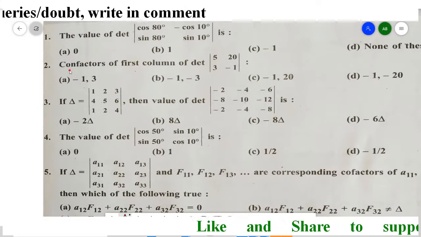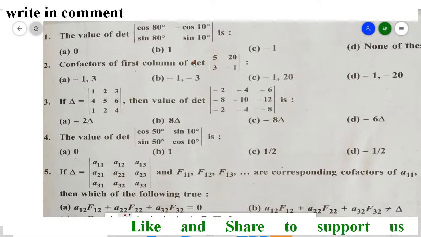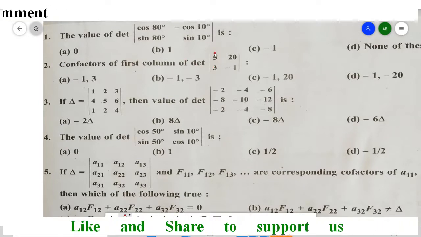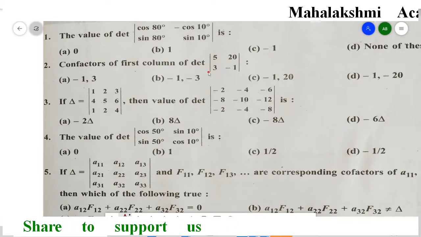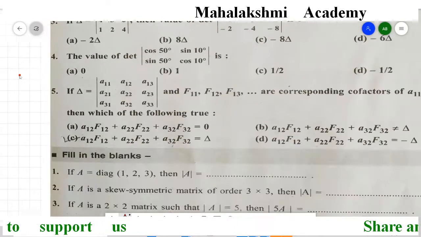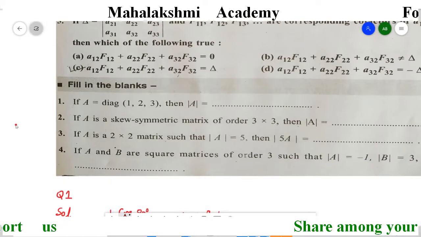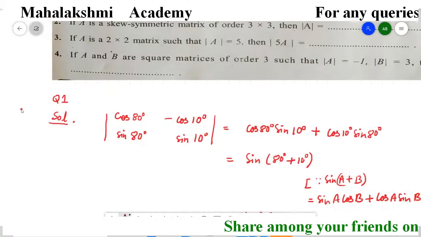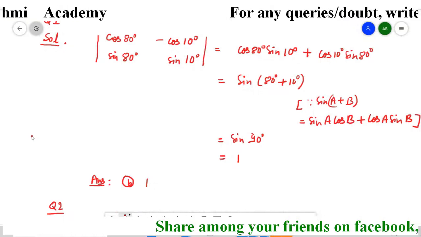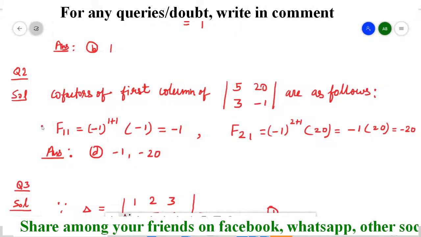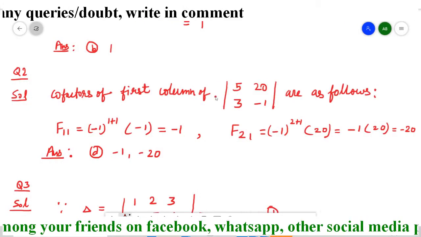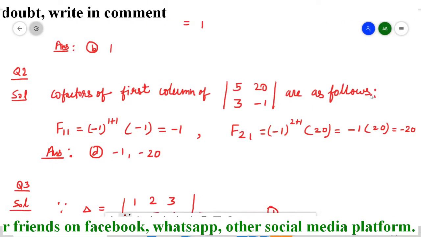The second question is the cofactors of the first column of the determinant. So we have to find out the first column's cofactors. Cofactors of first column of determinant are as follows.